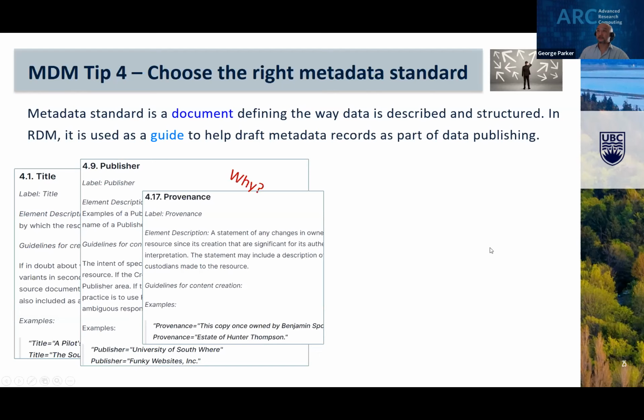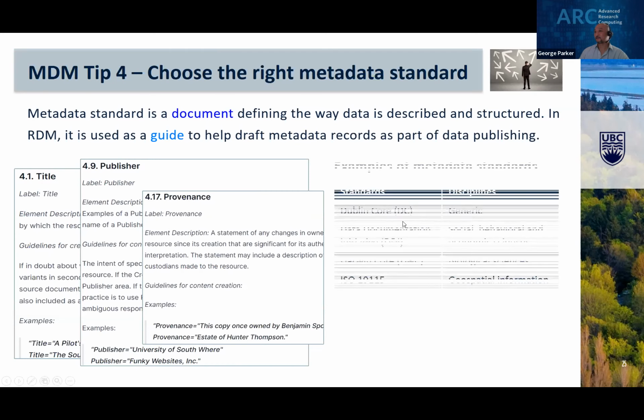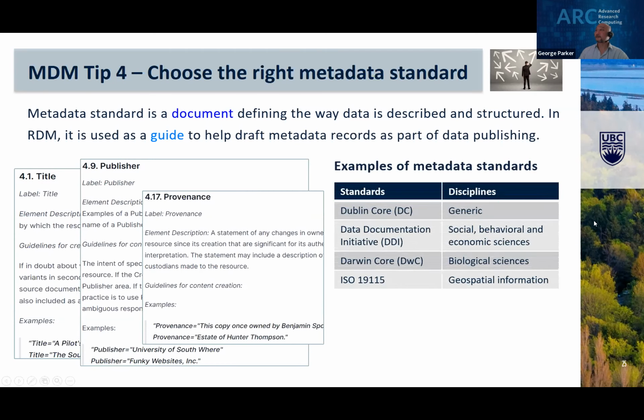Why do we need a metadata standard? Well, as it says here, you've got to have that if you want to publish your data to a data repository. Without that, it wouldn't let you do it. There are many metadata standards based on disciplines.